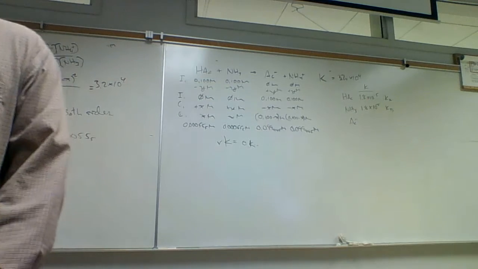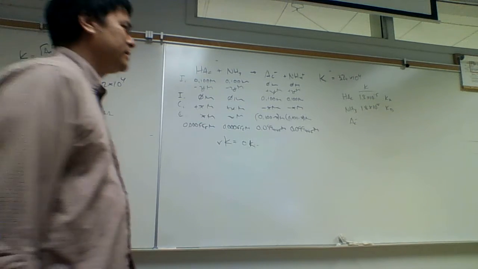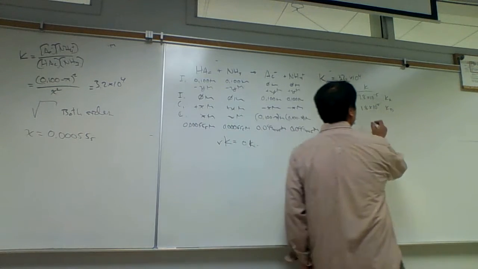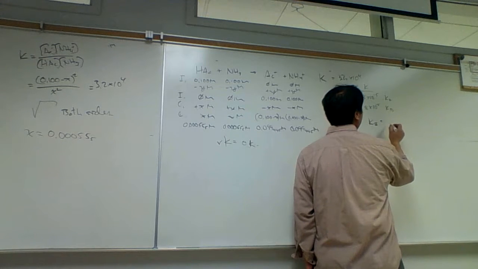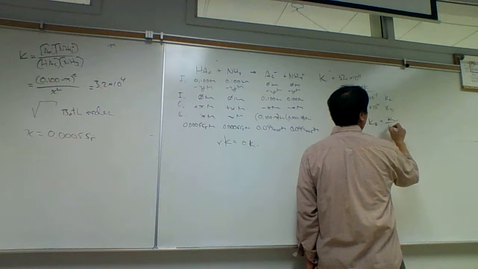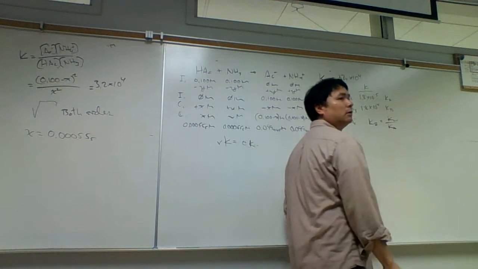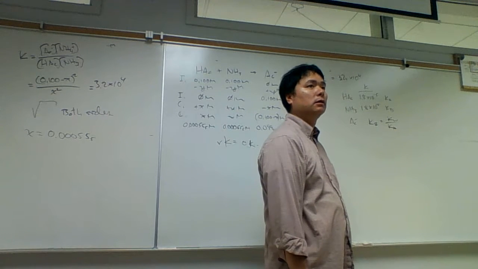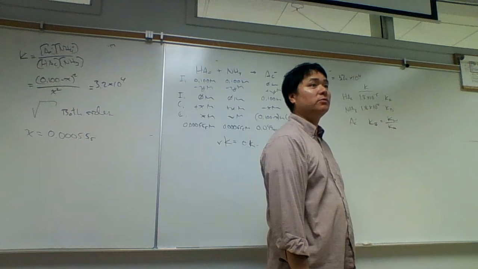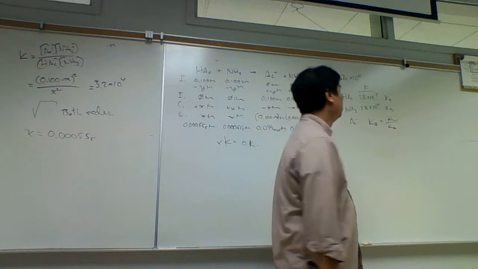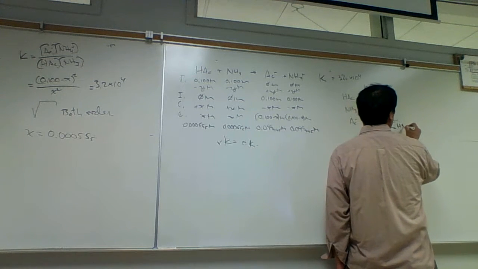Acetate's a base, right? And so the Kb for acetate is equal to Kw over the Ka for what acid? The conjugate acid of acetate, which is acetic acid, HAc.